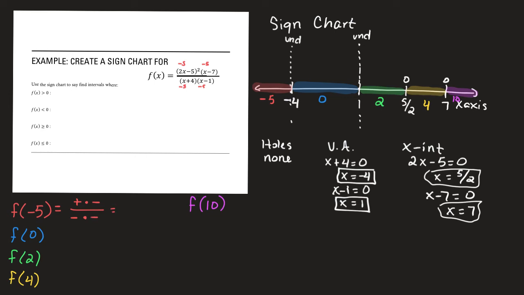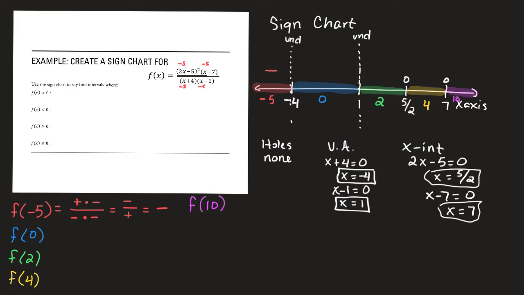So my numerator is a positive number times a negative, which is negative. My denominator is negative times negative, which is a positive number. So my overall sign is going to be a negative divided by a positive, which is a negative sign.